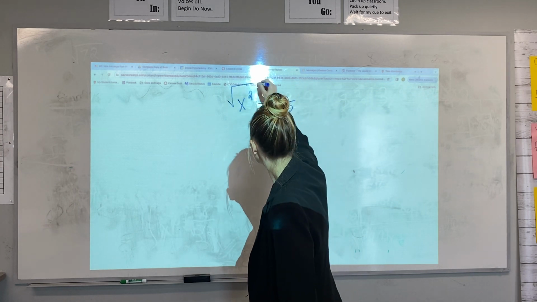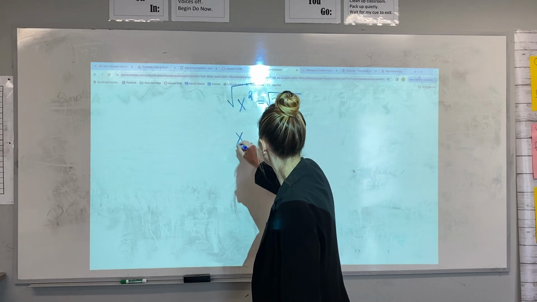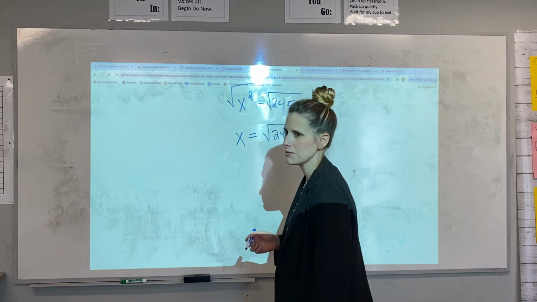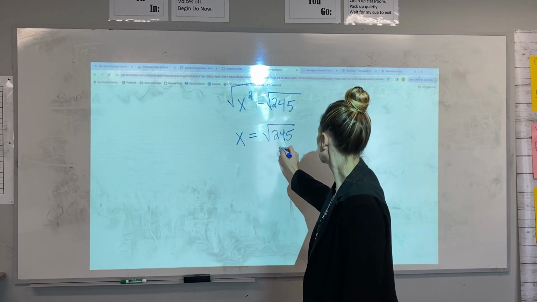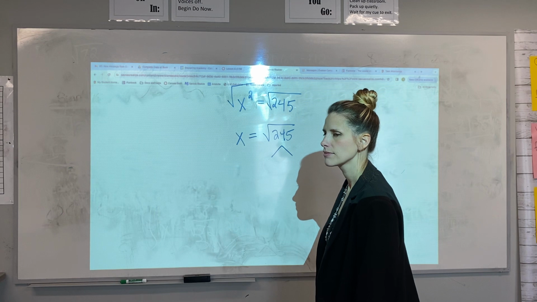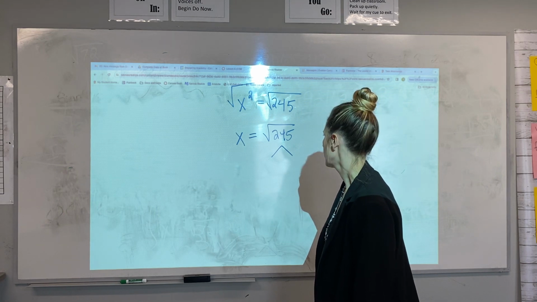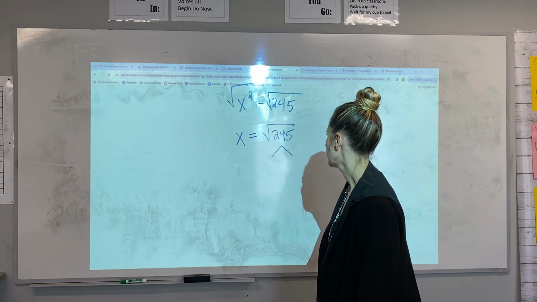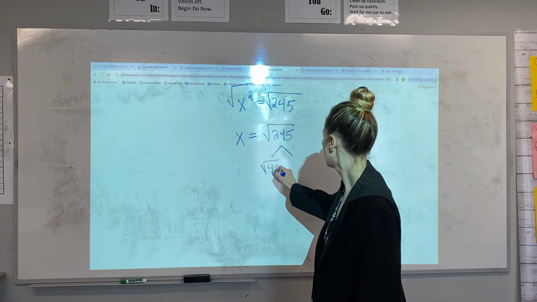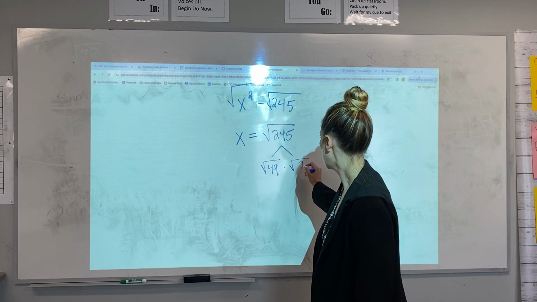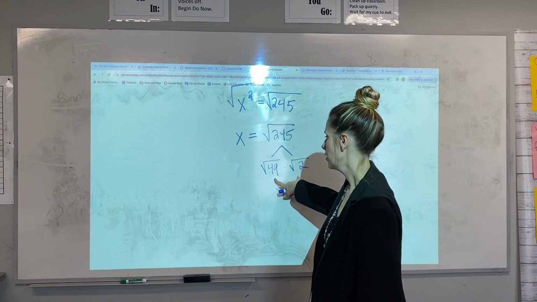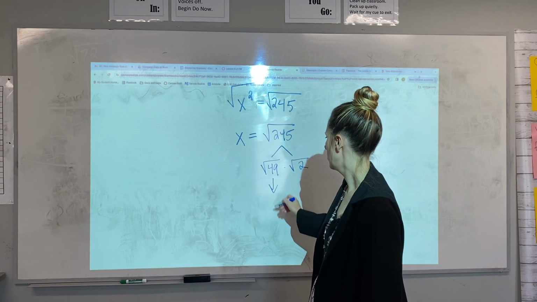Yep. Now what do we do? Oh, love that. I didn't even know that 49 could go into it, but that makes it really easy because you can free this from its radical cage.